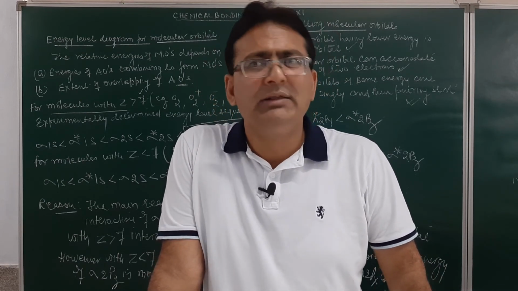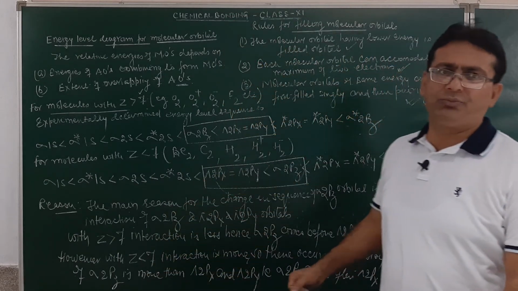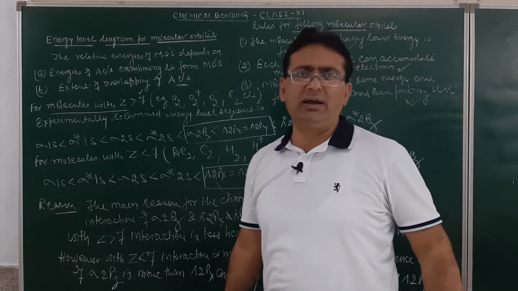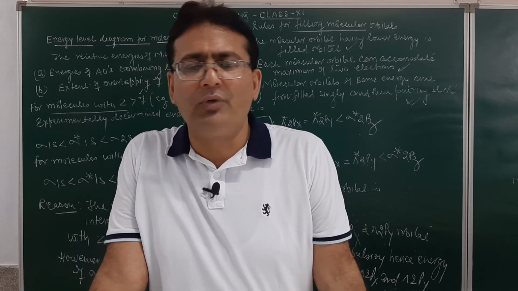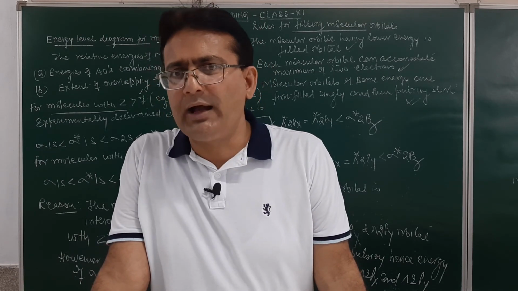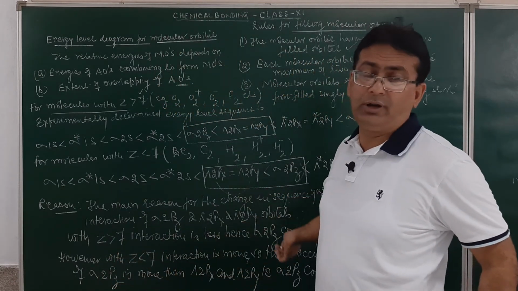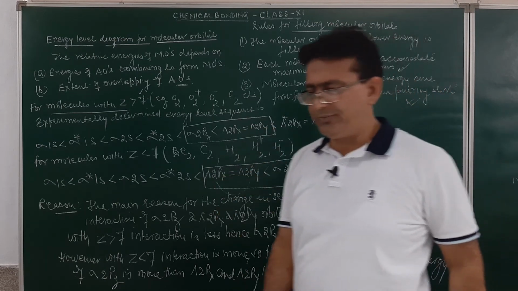That will be discussed after distributing the electrons in the molecular orbitals, following these rules, and determining the bond order. So, in our next lecture, I will explain how to find the bond order, how to write the molecular orbital configuration and then make the molecular orbital diagram as per this energy level sequence.